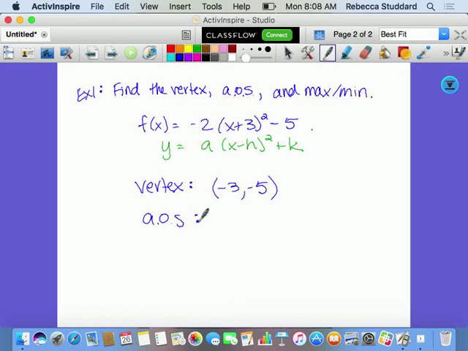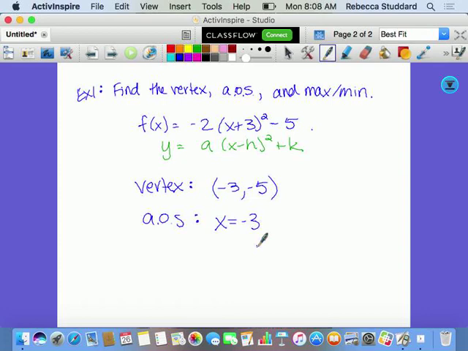McKenna. Is it x equals? It is. Okay, because our axis of symmetry is a vertical line, it has the equation x equals, like all vertical lines. Because it goes through the vertex, that x is going to be equal to -3.